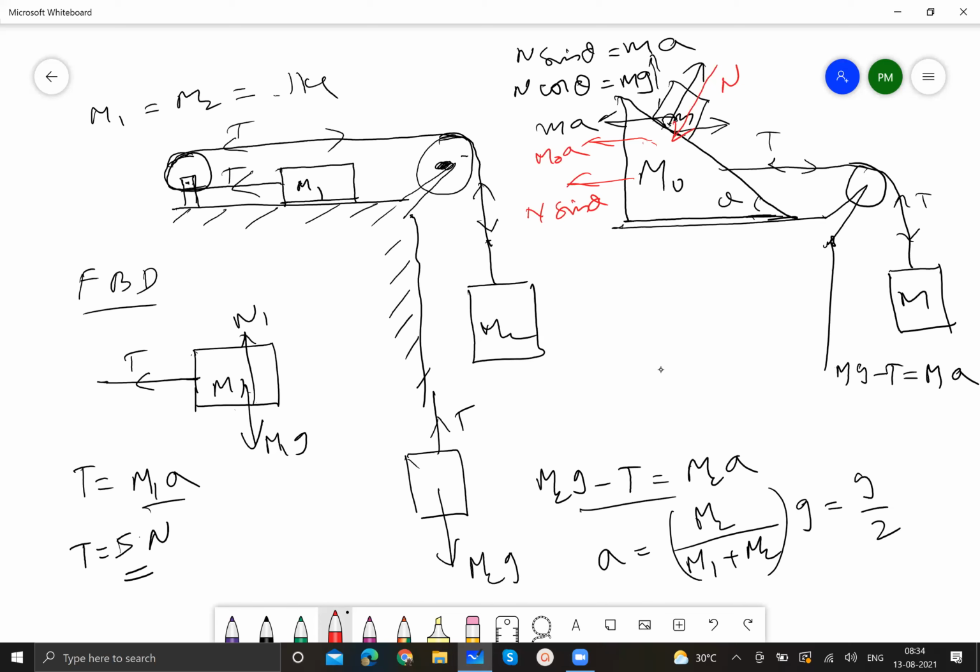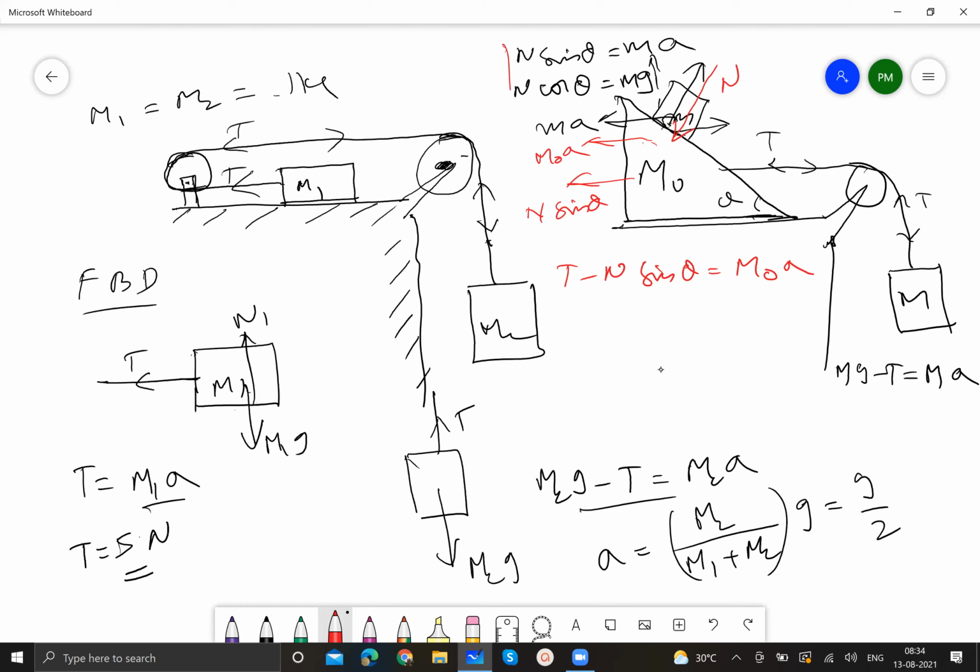So we'll be getting T is equal to, T is towards right and N sine theta is towards left. So T minus N sine theta will come out to be m naught a.